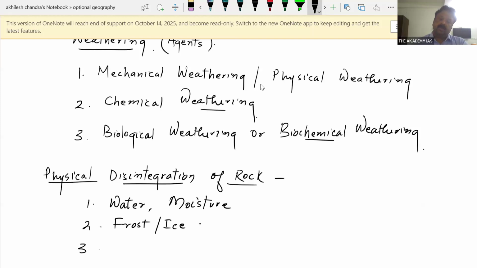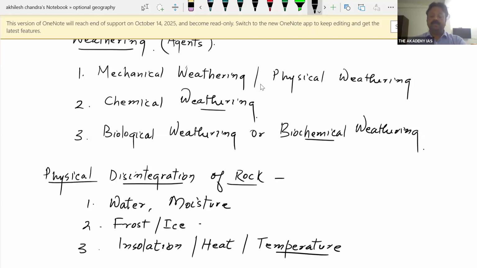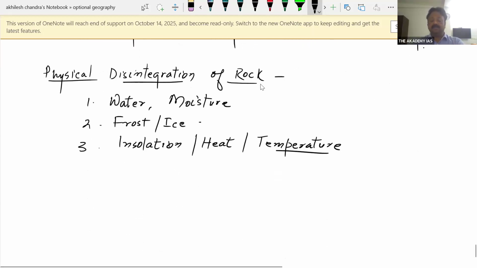We have third, insolation, or you can say heat, or synonymous is going to be temperature, but it's not a synonym. Heat is a form of energy and temperature is degree of hotness and coldness. And fourth physical agent is wind.